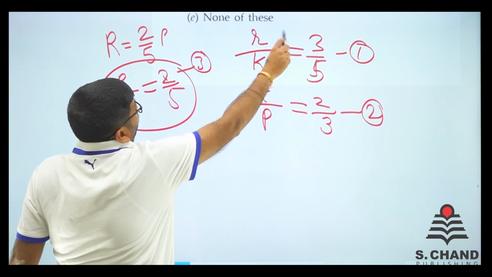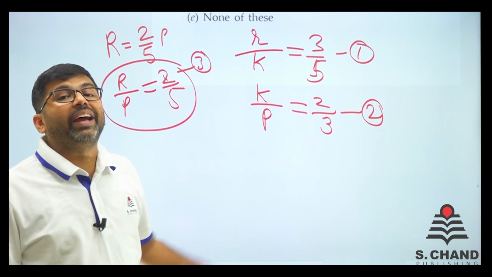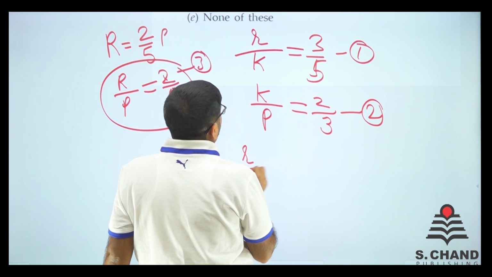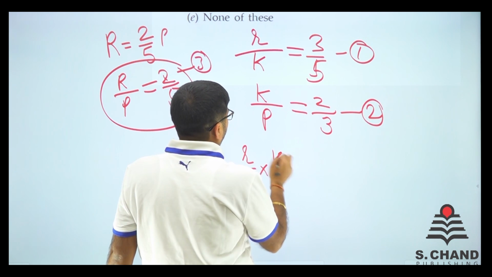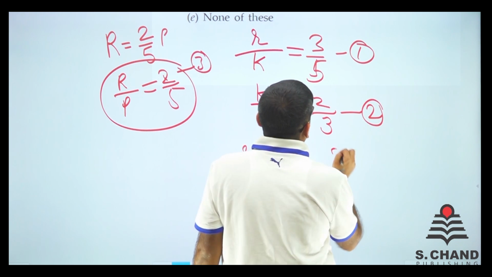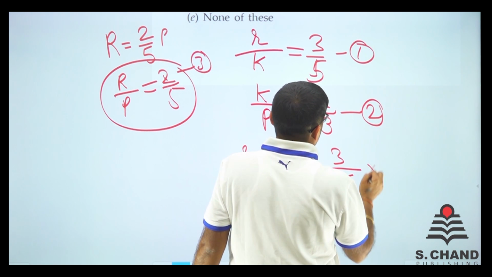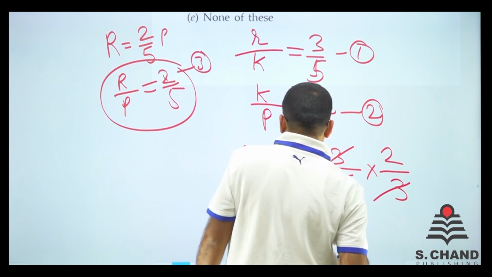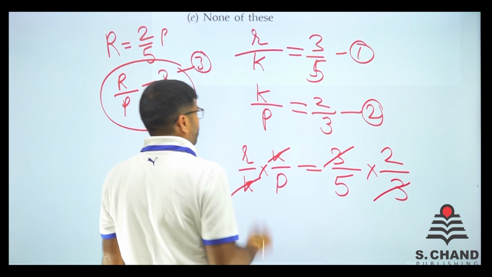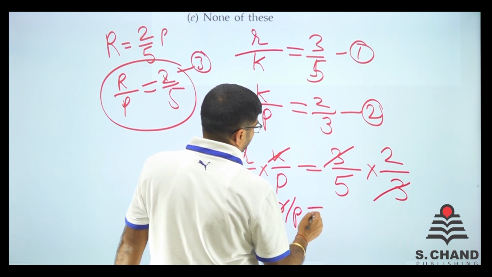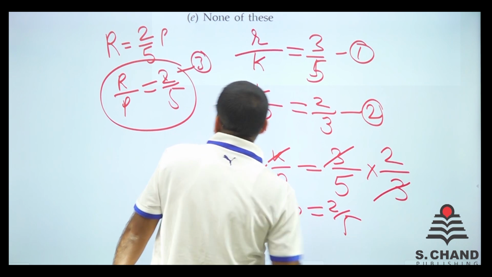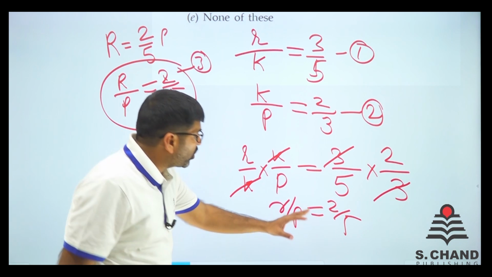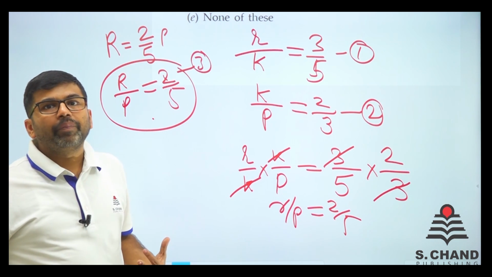If I multiply equations 1 and 2, R by K into K by P is equal to 3/5 into 2/3. 3 से 3 cancel हो जाता है, K से K cancel हो जाता है. R by P comes out to be 2/5. So this equation and that equation are the same now.